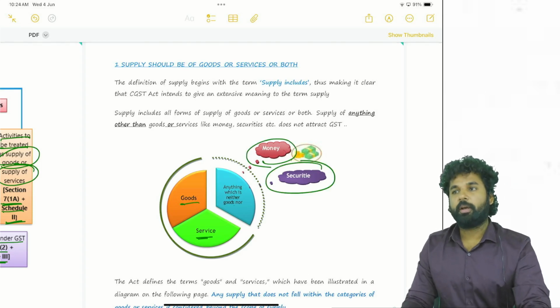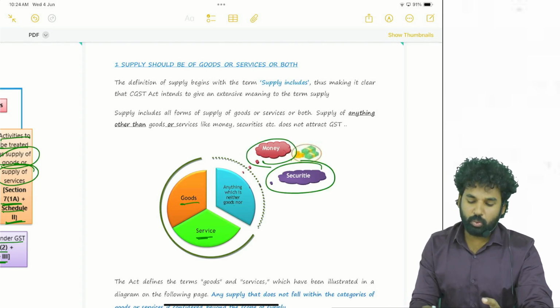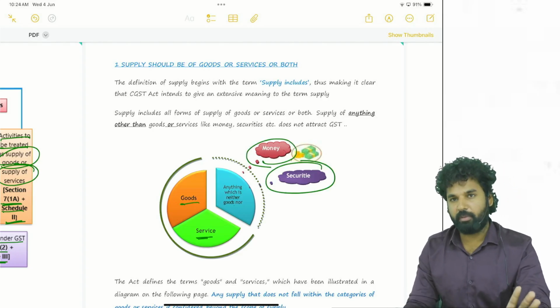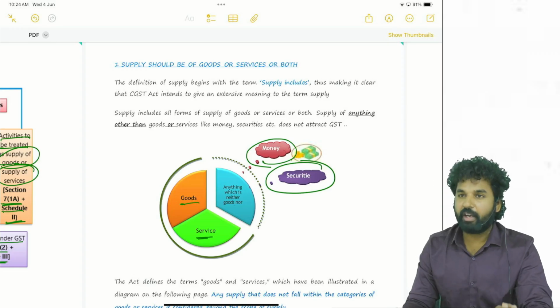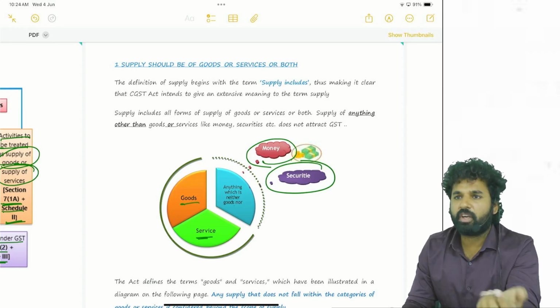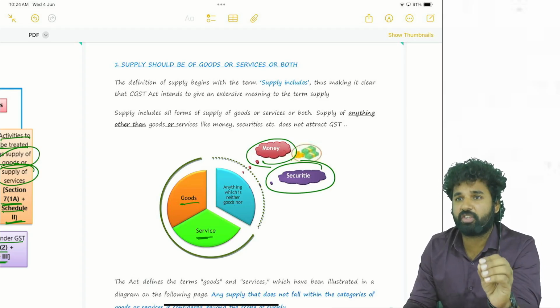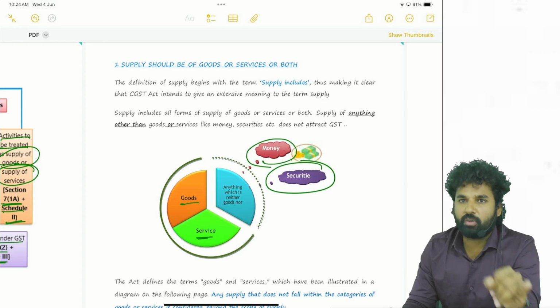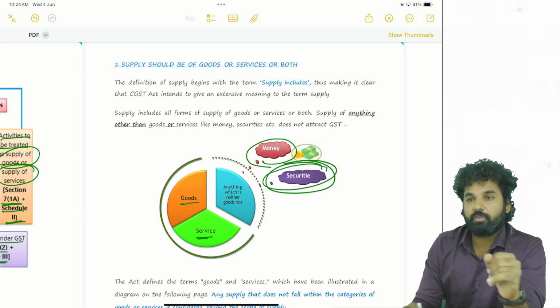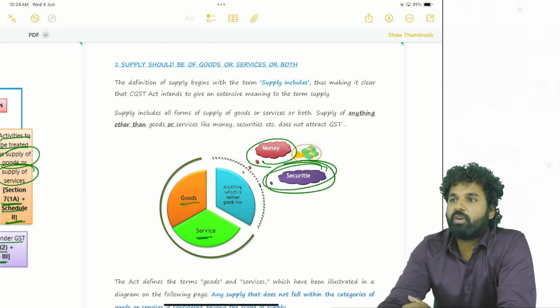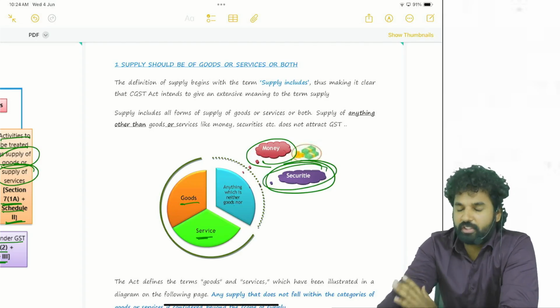Anything it may be, it shall exclude money and securities. Money means currency. Currency shall be excluded from the definition of goods, so money is not goods. Next, securities are also not goods, nor a service.